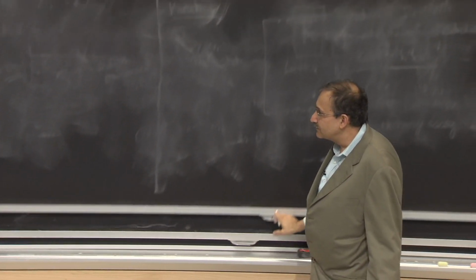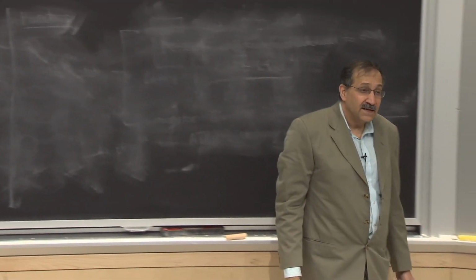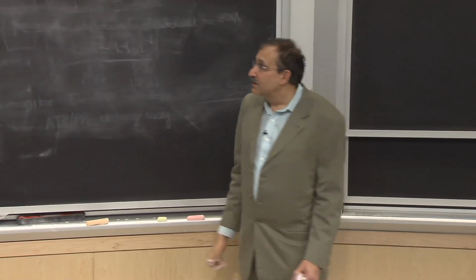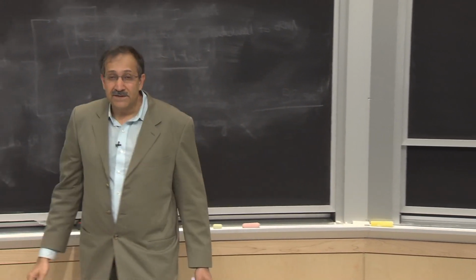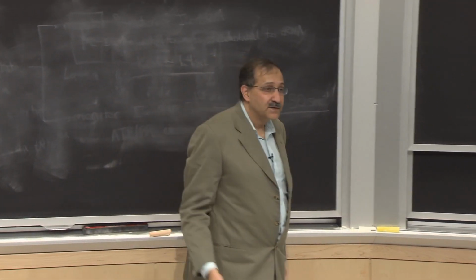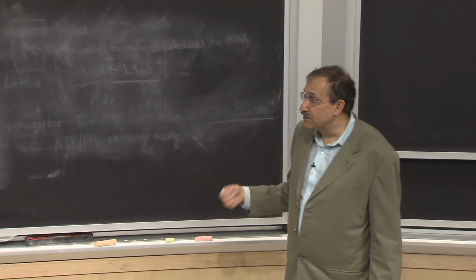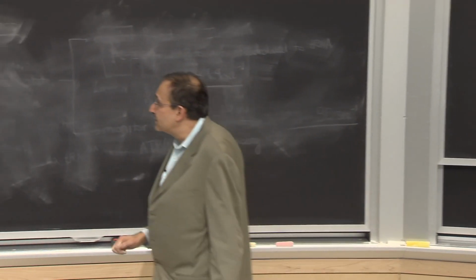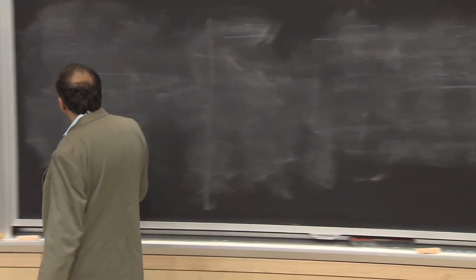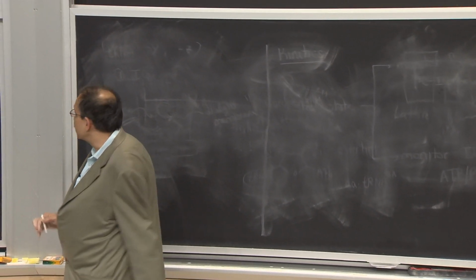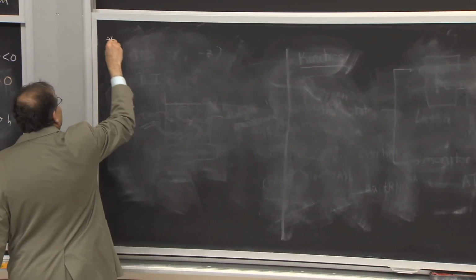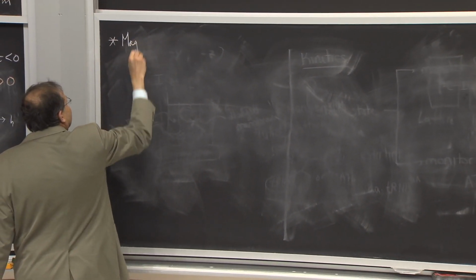Okay? So we said that experimentally these phase transitions, their universality was characterized by looking at singularities of various quantities and looking at the exponent, the functional forms. So let's first look at the magnetization.